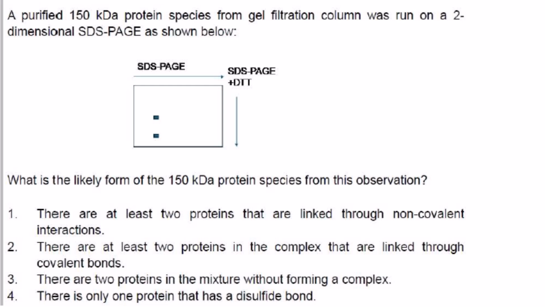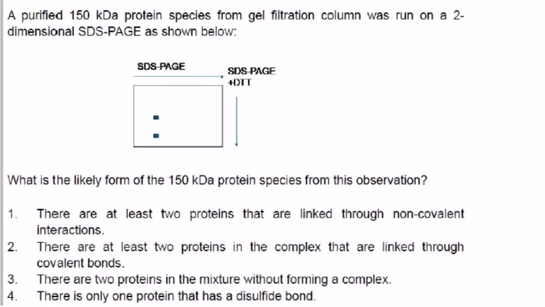Fine. Now how does SDS page separate the proteins? SDS is a detergent and it will unfold the protein and give a uniform negative charge to the protein. The protein will migrate in the gel with uniform negative charge towards the opposite pole.